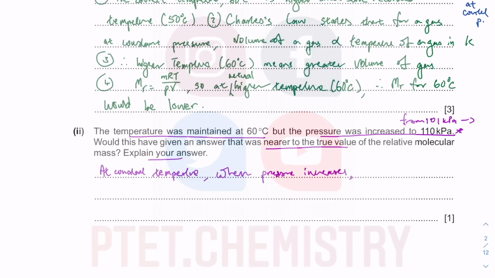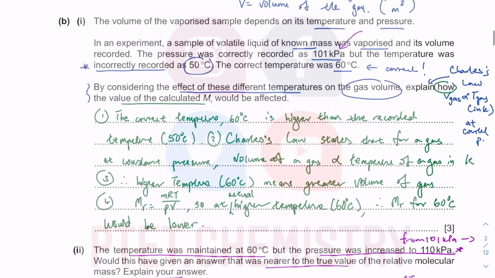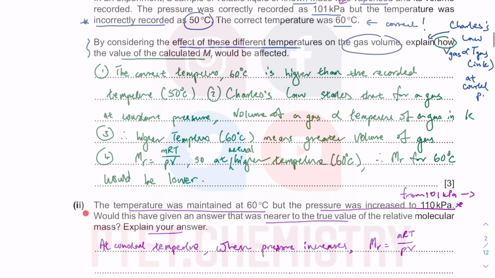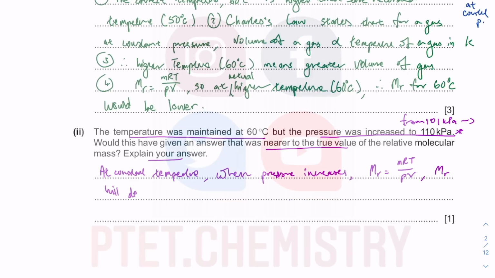So from the equation again, MR equals MRT over PV. So it relates to the previous question, as this is part 2, but whatever change that was there, it's not essentially the change that is given in this question. So when pressure increases, and therefore the MR will decrease.